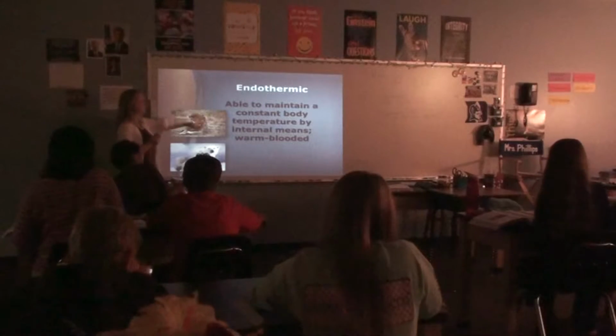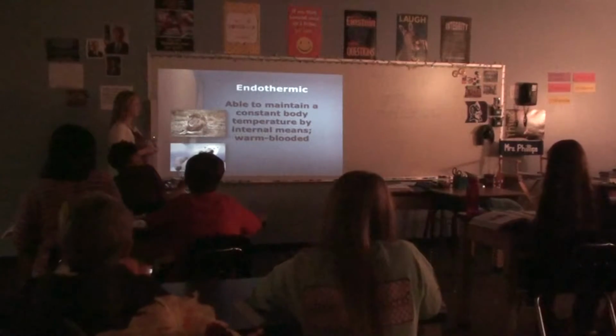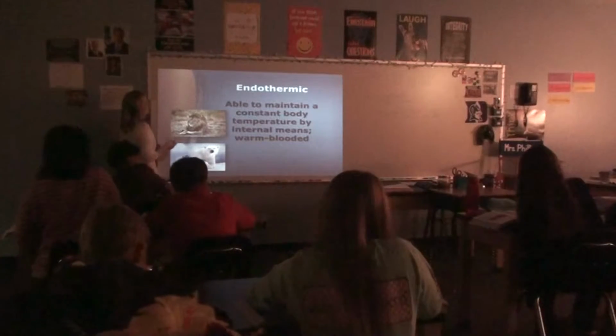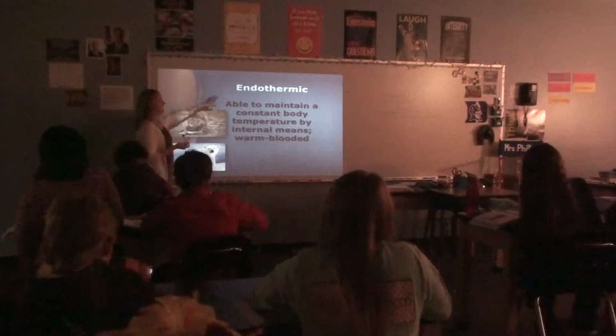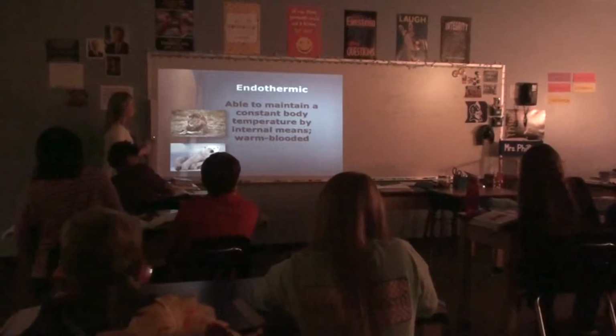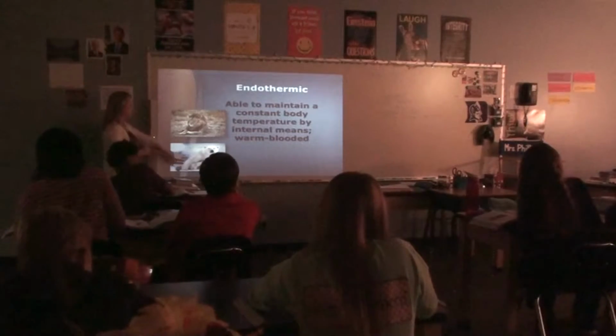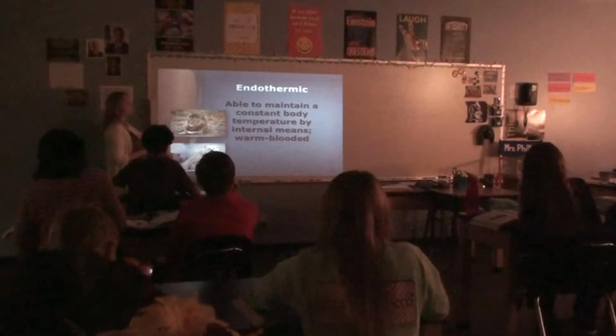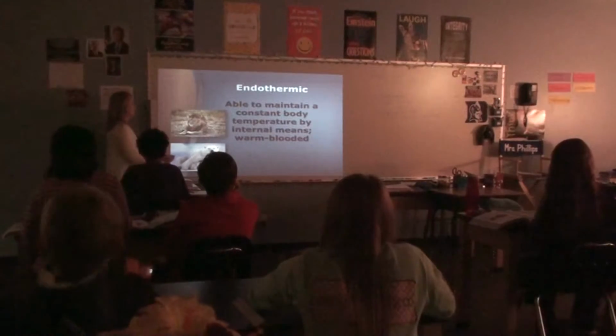You don't have to write this down because most of you should already have this on your flashcards. Endothermic, think inside. Able to maintain a constant body temperature based on where they are. So this polar bear is in a cold environment. He is still maintaining the same body temperature.